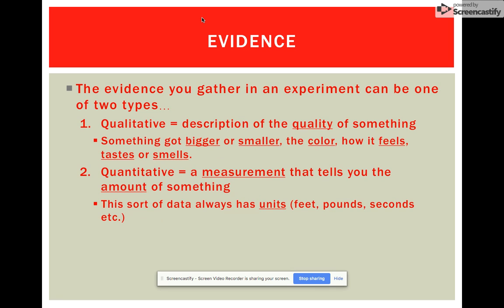The other type, of course, does involve measurements and does involve numbers, and these are known as quantitative evidence. And so quantitative measurements always involve measurements, and these measurements tell you the amount of something or the number of something. This sort of data always has units to it. So, for example, I can say, you're 6 feet tall.